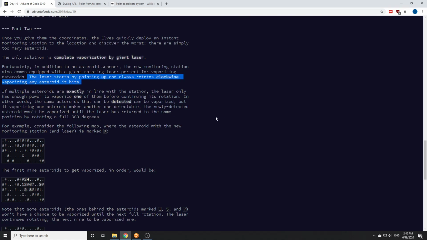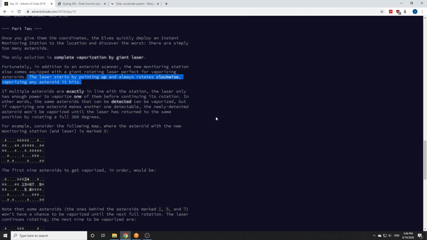So basically we're imagining, like, hey, now that we've identified our monitoring station, or like our target asteroid, we're going to plant a giant laser on there. We're going to point it due north or up, and we're going to spin it clockwise. It's going to take out a handful of asteroids on each rotation.